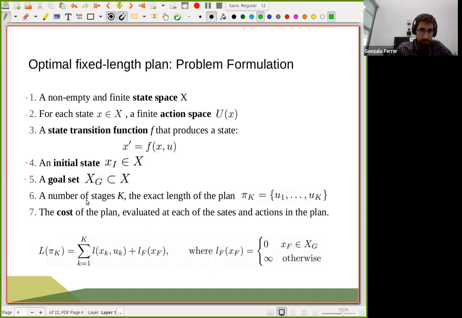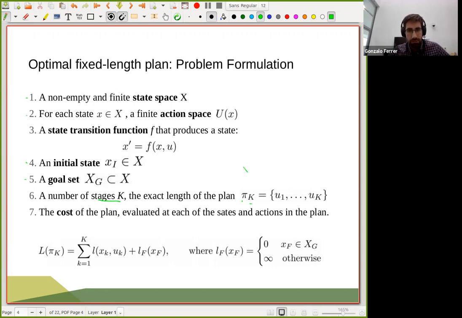The first one is the number of stages. That is the length of the plan. So here what I'm writing is the plan as pi, with subindex k, indicating the length of this plan. And what we have here is the sequence of actions.